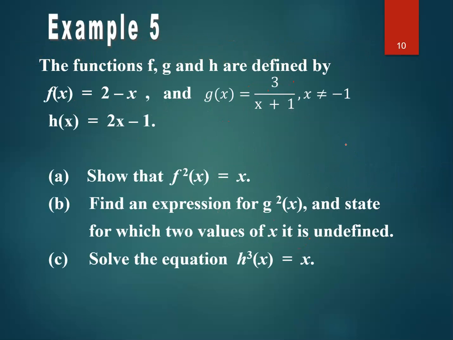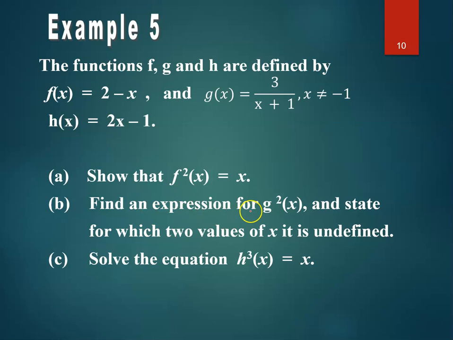And example 5, the functions f, g, and h are defined by this whole thing. You have three functions. So now you have to show that f squared of x equals x. We have learned how to perform this one, f squared, meaning that you're going to do double substitution, f again, and then you substitute again into f.